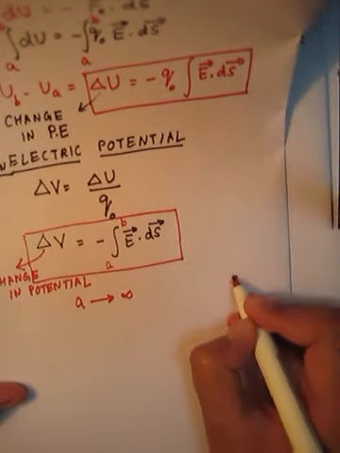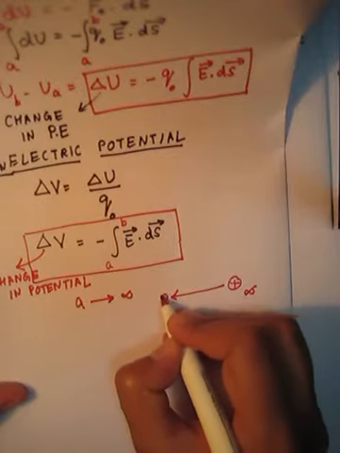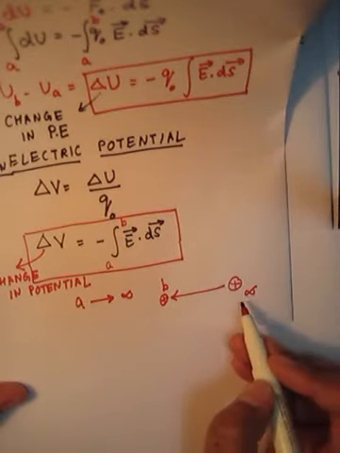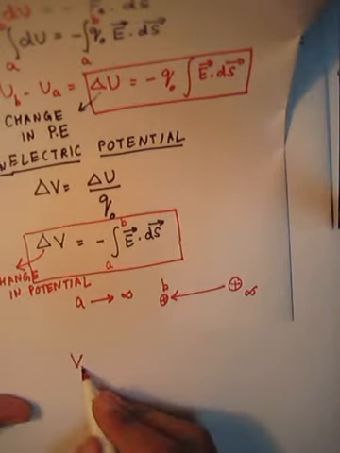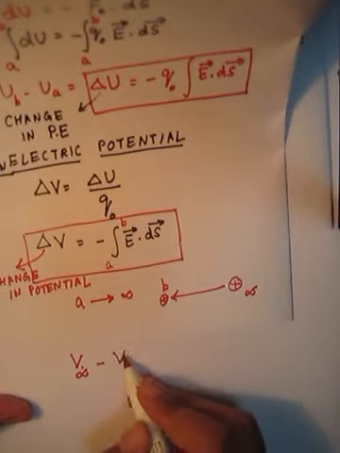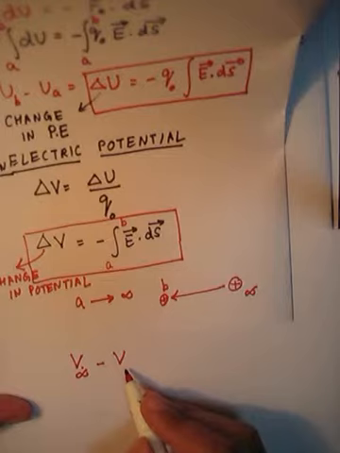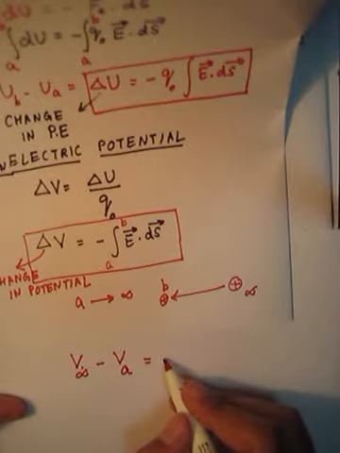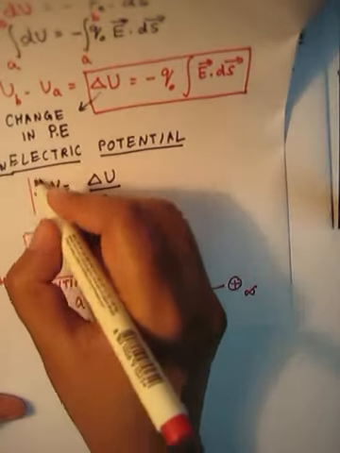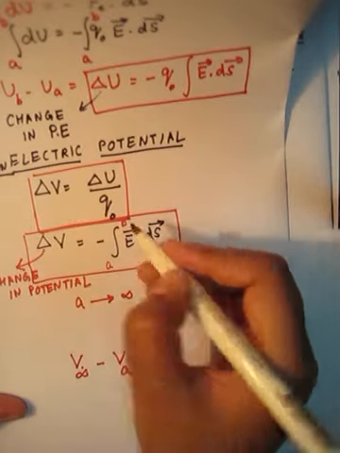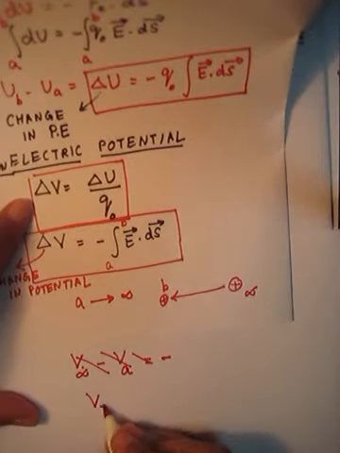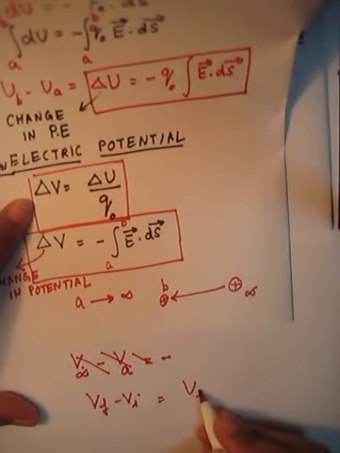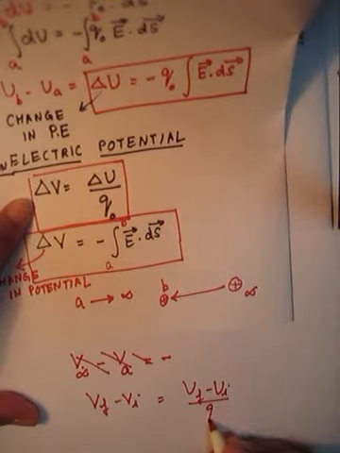We are moving from an infinite distance to a point which is B. So we are moving from infinity to B. So this potential difference will be V infinity minus VB, or VB minus VA, which will be equal to minus, let's take this expression, final minus initial upon Q naught.